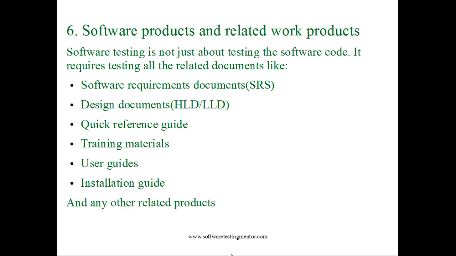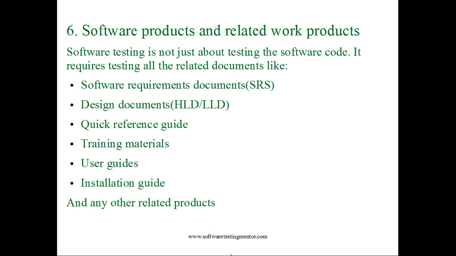Then the sixth part is software products and related work products. Software testing does not just test the executables or the software code that you get. Software consists of many different things. It's a bundle. It's code with many other documentation like your user guides, installation guides, training materials.